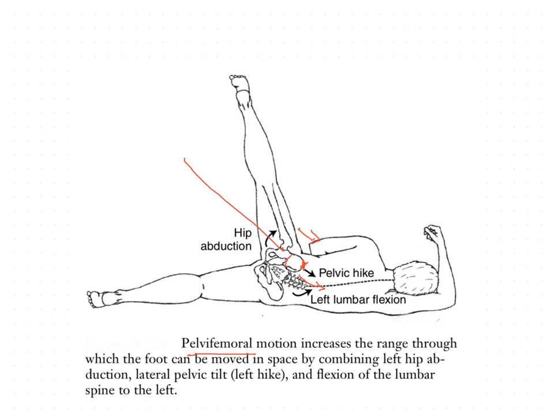When lumbar flexion is added, the range increases. The main purpose of this lumbar pelvic rhythm is to increase the range of motion through the coordinated motions of the femur, pelvis and the lumbar spine. So this is all about the lumbar pelvic rhythm. Thank you.